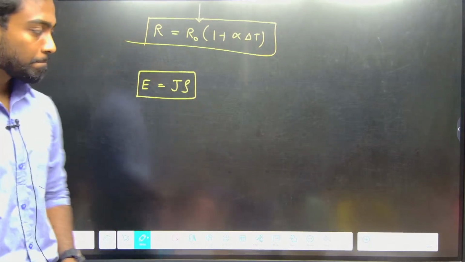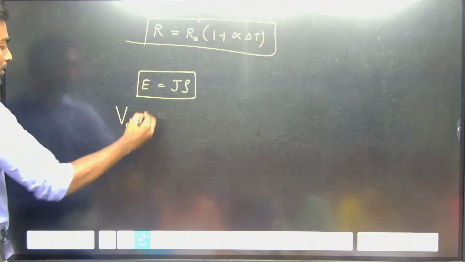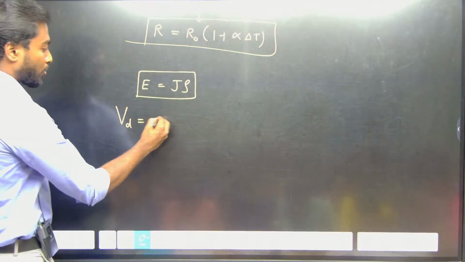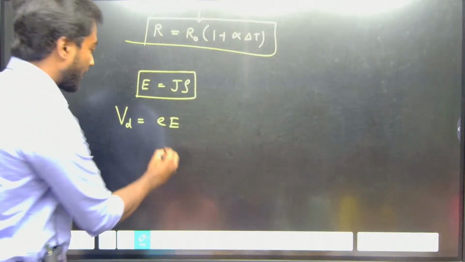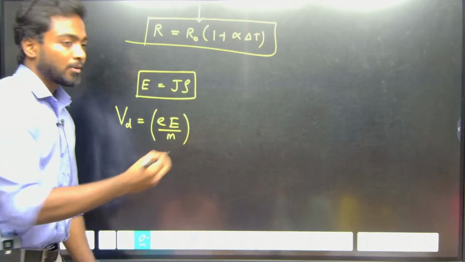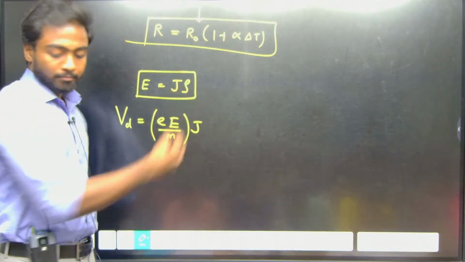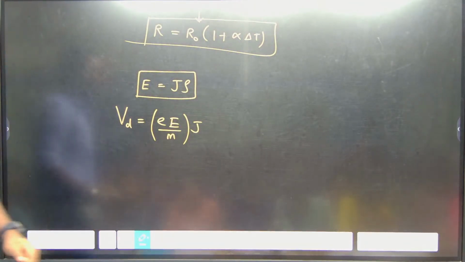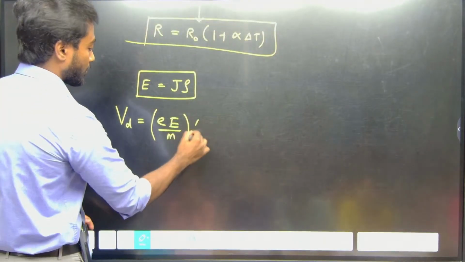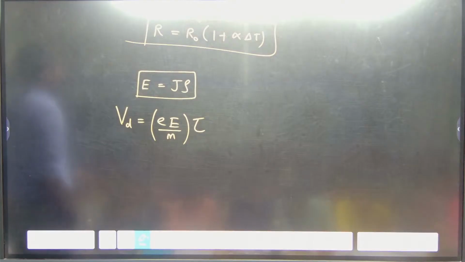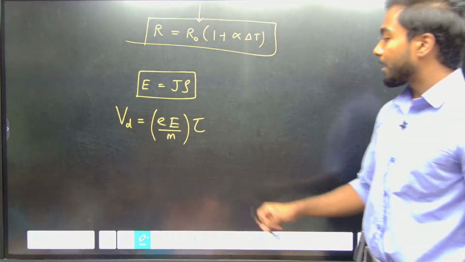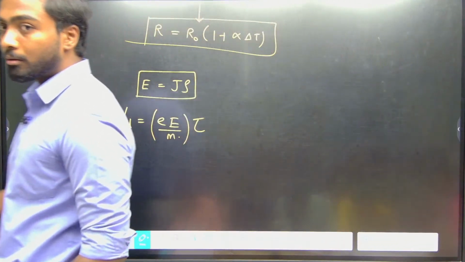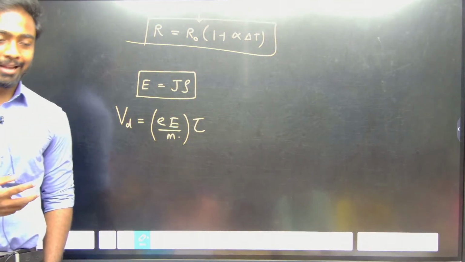Write down the formula. Drift velocity is equal to e times E by m times, wait, it's not current density, it's the relaxation time, tau. So drift velocity is equal to charge of the electron times electric field by mass of the electron times tau, the relaxation time.